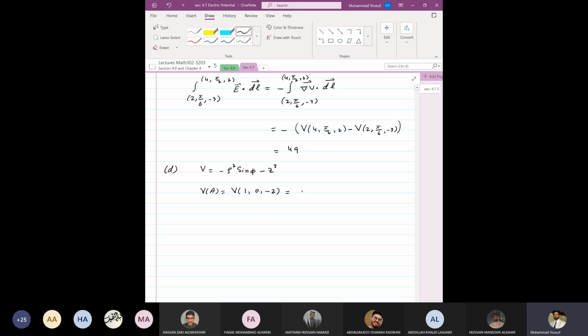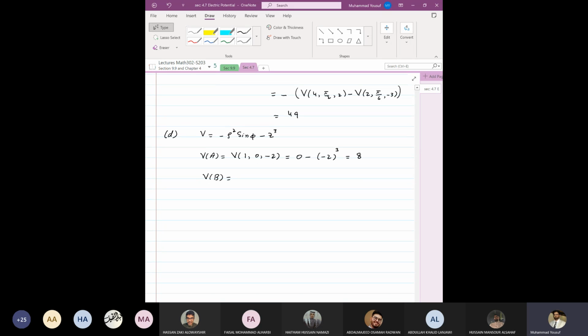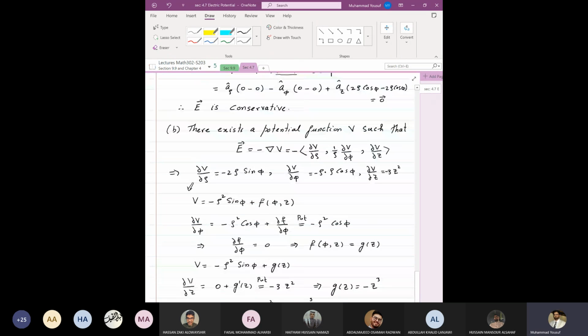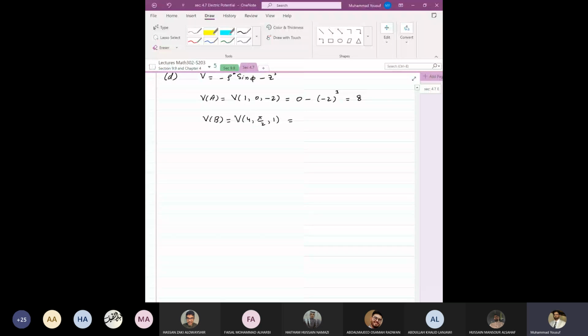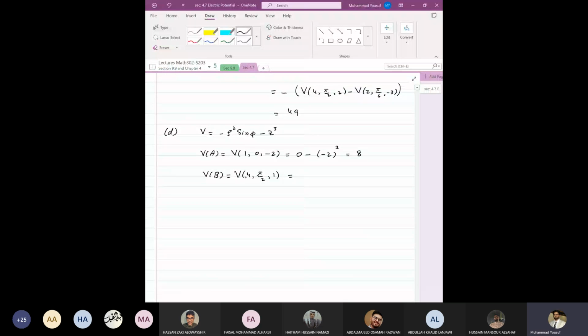So sine 0 is 0, minus (-2) cubed is -8, so it is +8. And V at B is V at the second point, which was 4, pi over 2, 1.